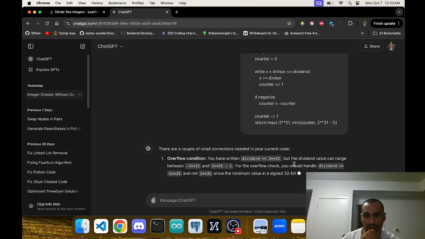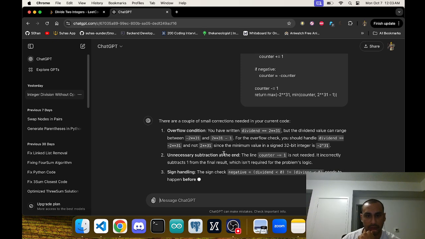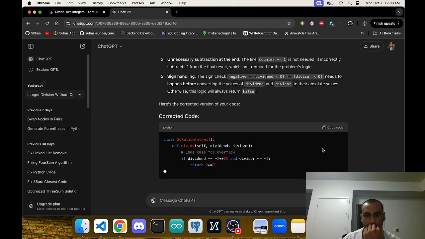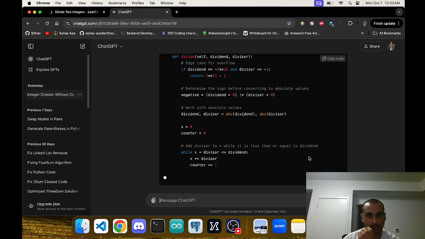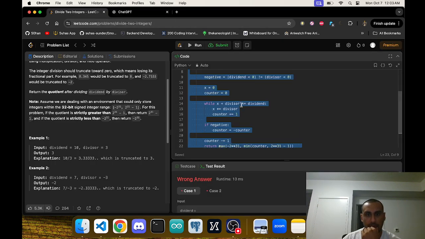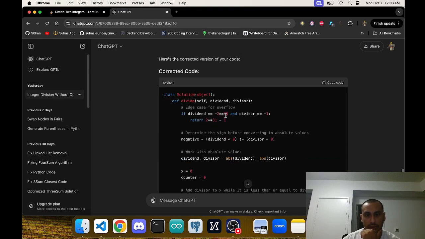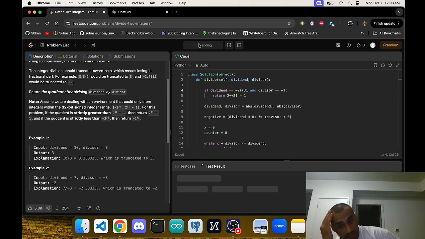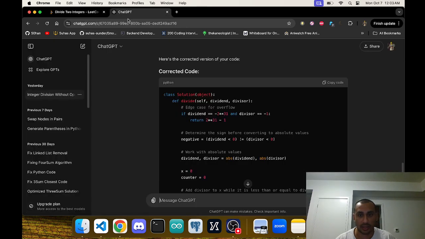Dividend equals 2 to the power 31, but the dividend value can range between 2 to 31, negative 31. Corrected code. Two to the power 31 minus 1, 2 to the power 31. Oh, negative 2 to the power 31. There. This always happens. Something tiny causing the error.